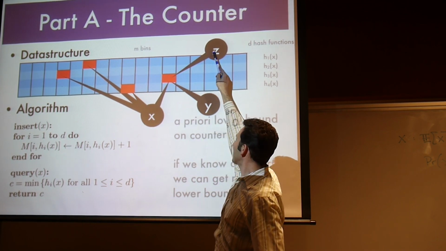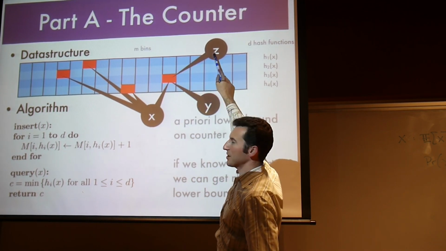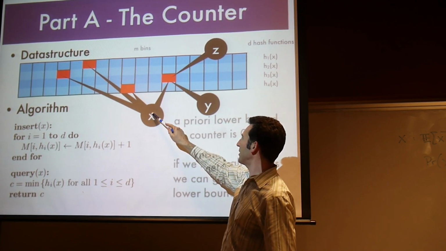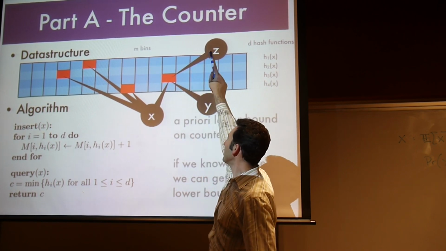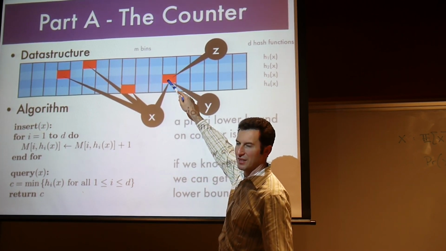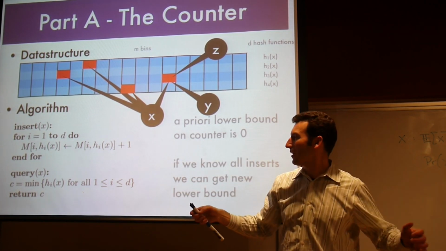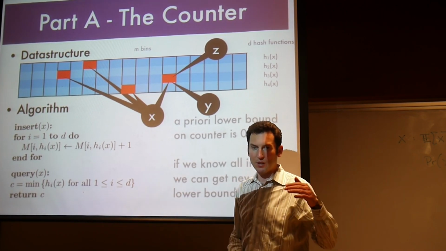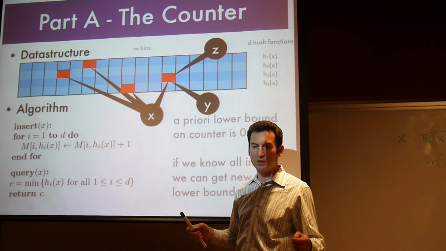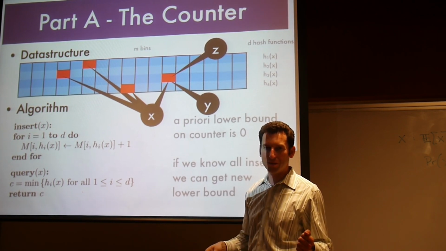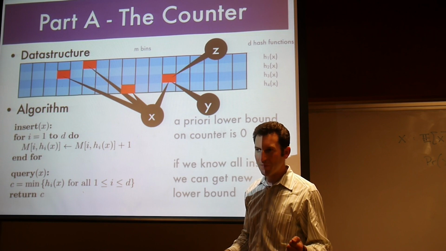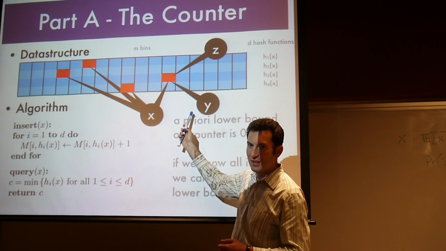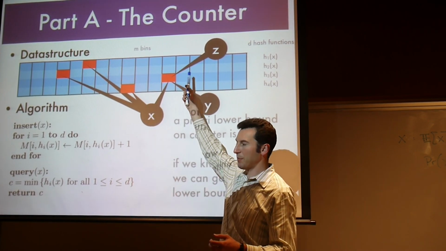Then, and I know z is also in the mix, then z must be lower bounded by 10. Because in order to arrive at 50, and if these two guys are upper bounded by 20, z must be at least 10. So I can basically use the fact that this bin value here is the sum over the counts of these three to work out upper and lower respective bounds for one variable conditioned on everything else. So in other words, I get upper bounds for one by taking the lower bounds for everything else, and I can get lower bounds for one by taking the upper bounds for everything else.